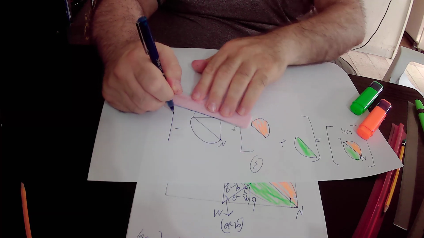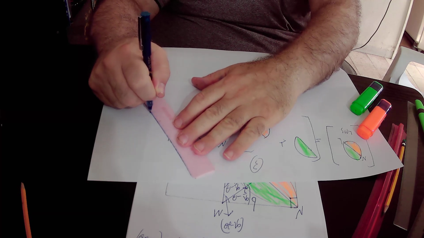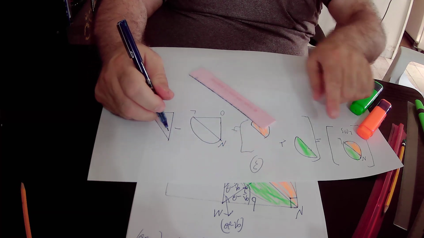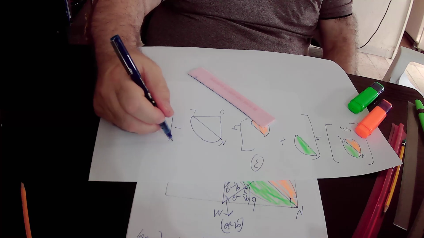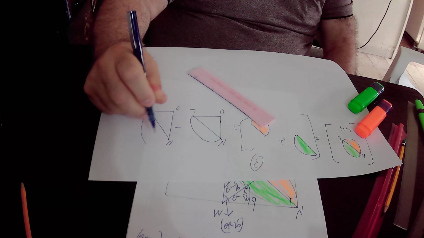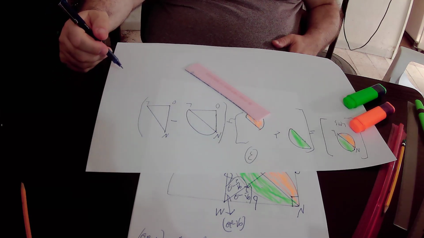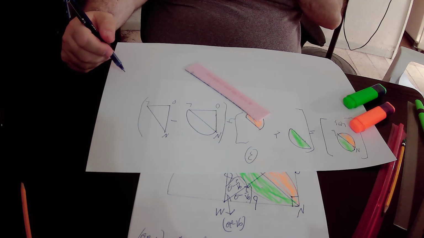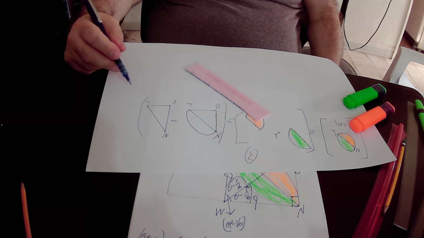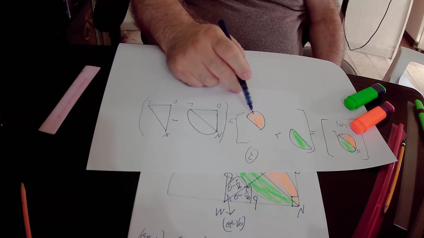This is the area of the upper circular segment, the orange shape, and plus the area of the lower circular segment.